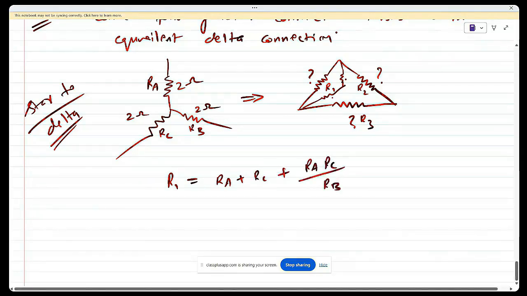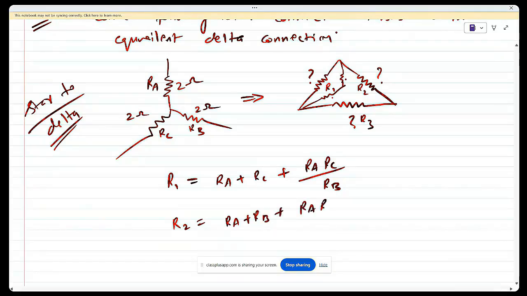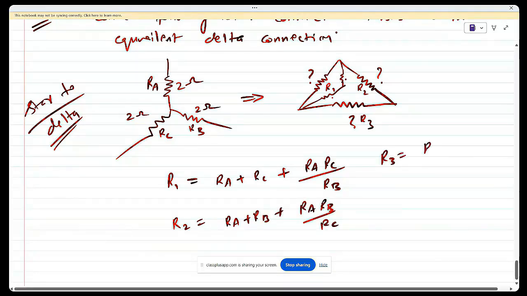We derived this equation day before yesterday. R2 will be RA plus RB plus RA RB upon RC, and R3 will be RB plus RC plus RB RC upon RA.